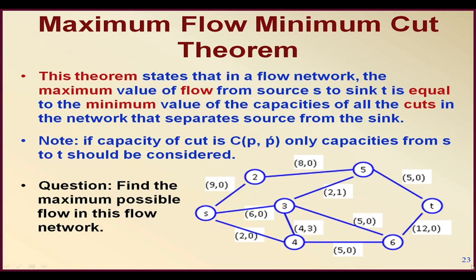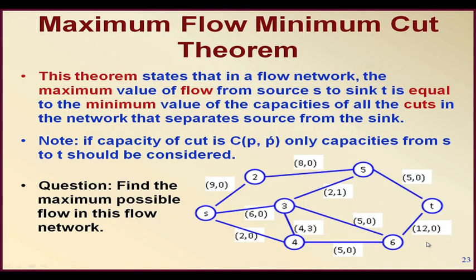We have seen different cuts. What is the capacity of this cut? This will be 17. This cut is 8 plus 6 plus 2, 16. This cut 15. This cut 17. So, what is the minimum? Interestingly, go back one slide.